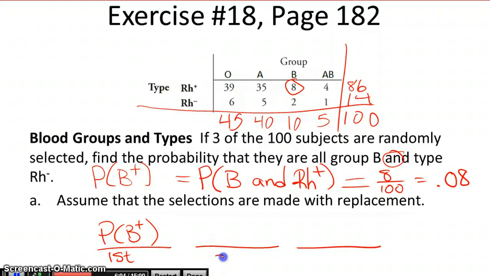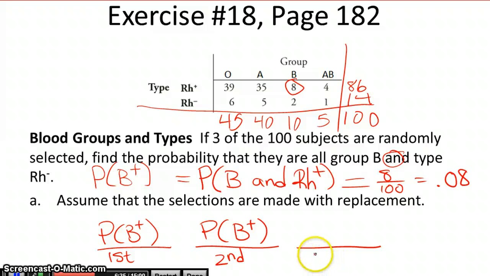And for that second person, we're going to be interested in knowing what's the probability that that second person has B positive blood. Now, because the first person was put back into the population and we could potentially pull that person back again, the probability that the second person has B positive blood is still 8%. Because the numbers haven't changed from our population, say, of 100 subjects.